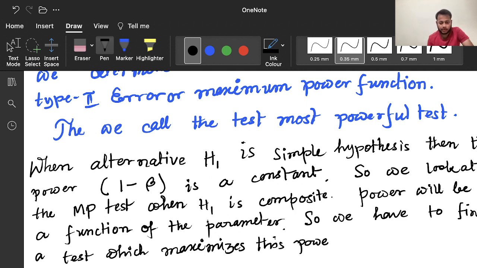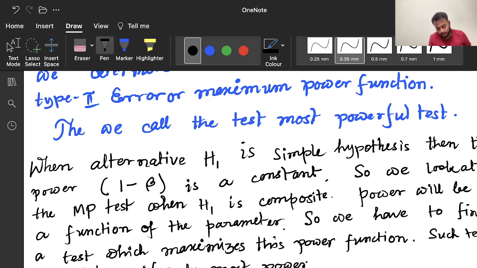This power will be a function of the parameter, so we have to find a test which maximizes this function, and such a test is called the uniformly most powerful test. So that's it.